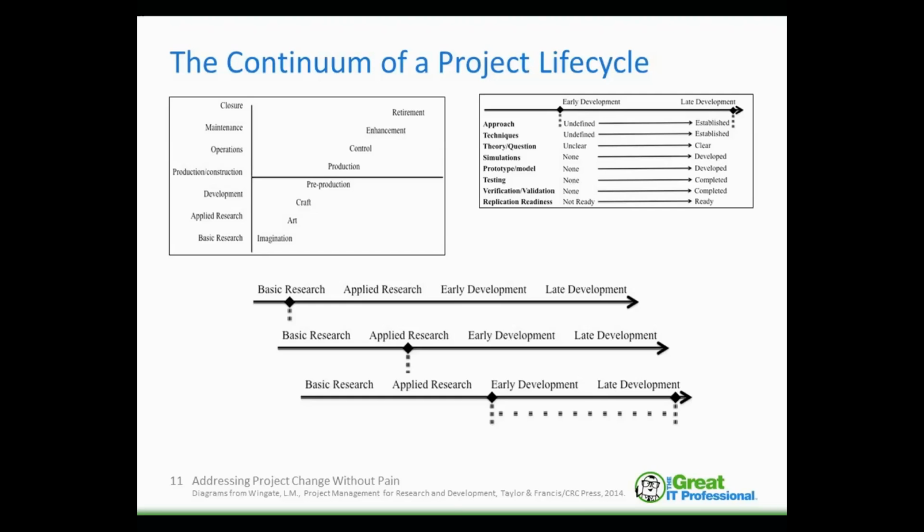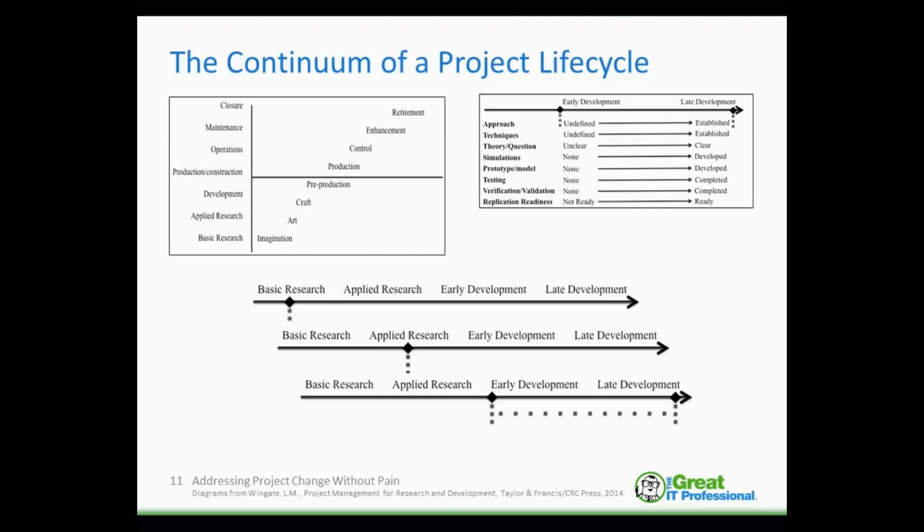So for example, when you see approach, early development might have a very undefined approach, where late development would have an established approach. Same with the theory. You could have an unclear theory or questions that you're trying to pose in early development, but by the time you're in late development, you should have a clear direction, or what we're going to call a trajectory, and I'll talk about that in a little bit.